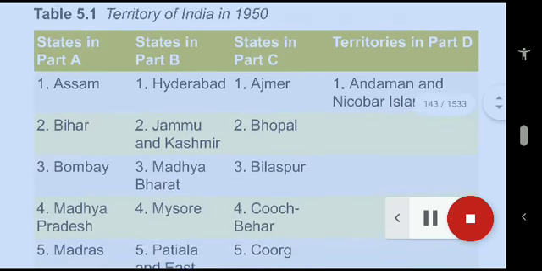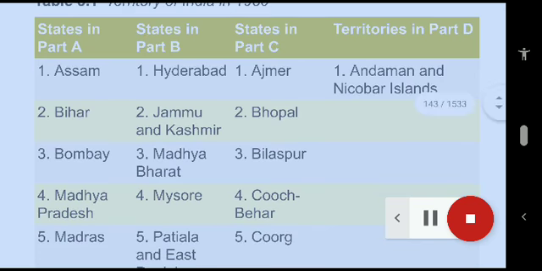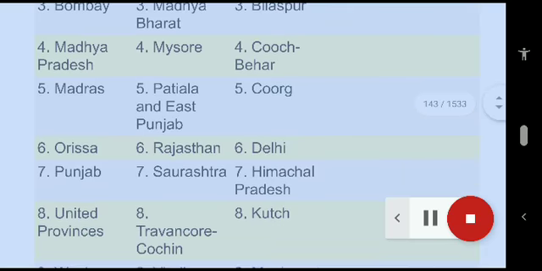Table 5.1 Territory of India in 1950. States in Part A, States in Part B, States in Part C, Territories in Part D. 1. Assam, Hyderabad, Ajmer, Andaman and Nicobar Islands; 2. Bihar, Jammu and Kashmir, Bhopal; 3. Bombay, Madhya Bharat, Bilaspur; 4. Madhya Pradesh, Mysore, Cooch Behar; 5.